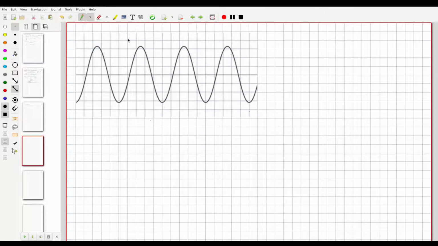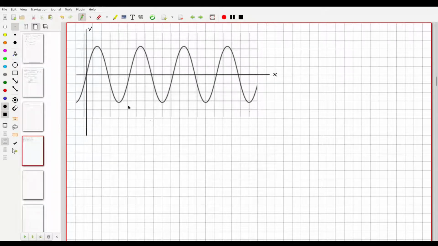What you're looking at here is something you've probably seen in trig before. It almost looks like a sine wave or cosine wave. So I'm going to make this a sine wave by putting our y-axis here. So this is our y-axis. Here's our x-axis. Let me just highlight the axis right here.